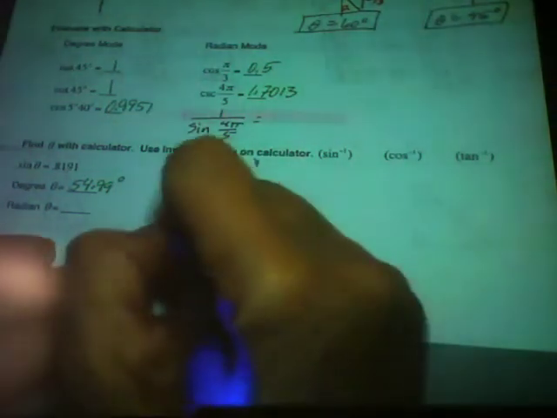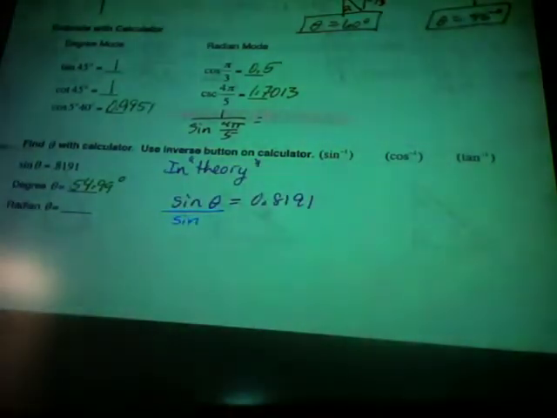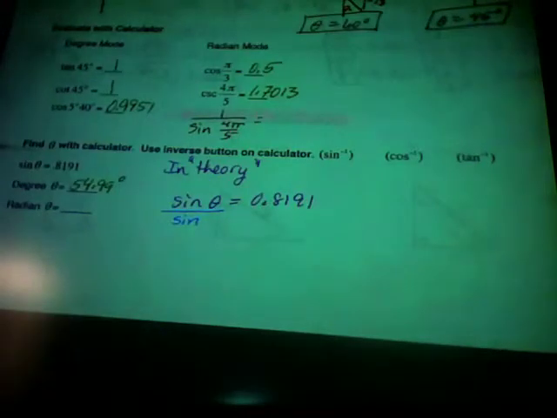Then theoretically, I want you to write here, in theory, this is what we're doing. We have sine of theta is equal to 0.8191. That's the problem that was given to you, right? Technically, if I want to solve for theta, if you want to look at these as being multiplied, they're not really, but if you want to look at them that way, I would divide by sine, wouldn't I?